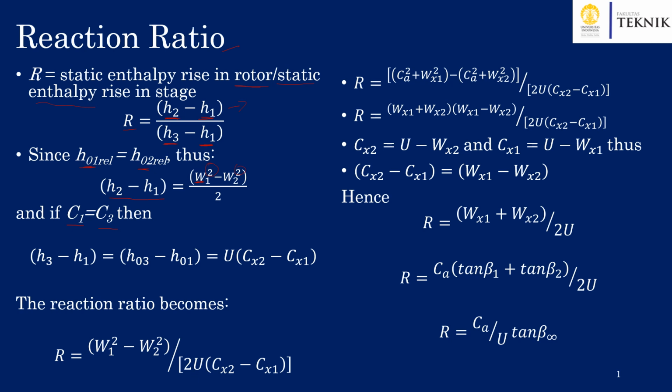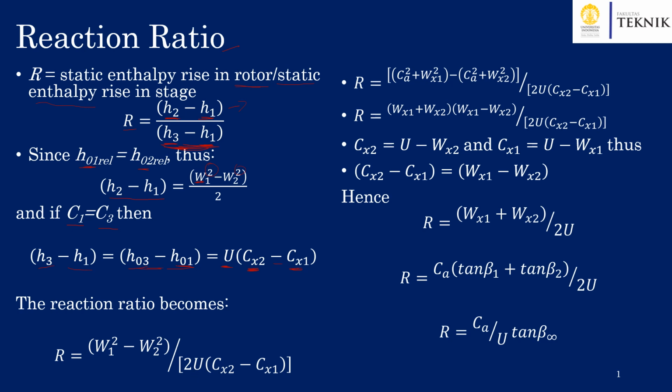So we can write down that this static enthalpy rise across a single stage, H3 minus H1, can be written as a function of the total enthalpy rise across the stage, that is equal to U, or the rotational speed of the blade or the impeller, multiplied by the tangential component of the absolute velocity at the outlet of the rotor, minus the tangential component of the absolute velocity at the inlet of the rotor.